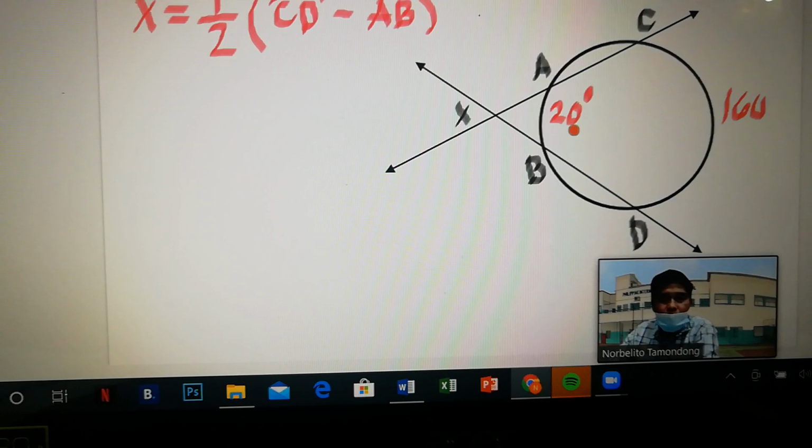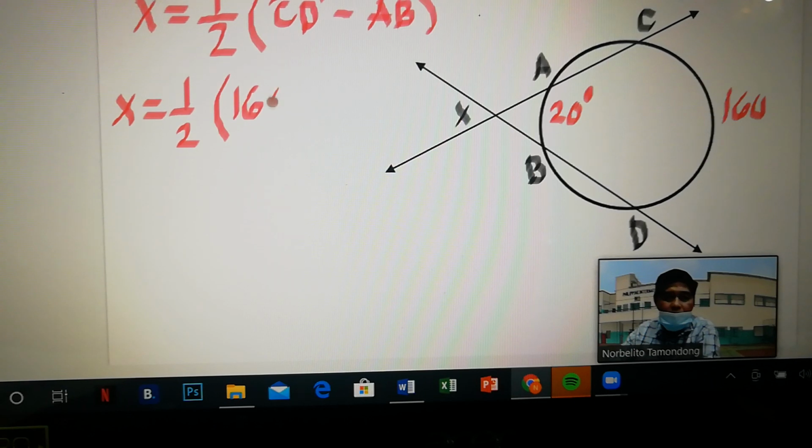So I simply apply the formula. X is equal to 1/2 of the measure of arc CD, 160 degrees, minus the measure of arc AB, 20 degrees.